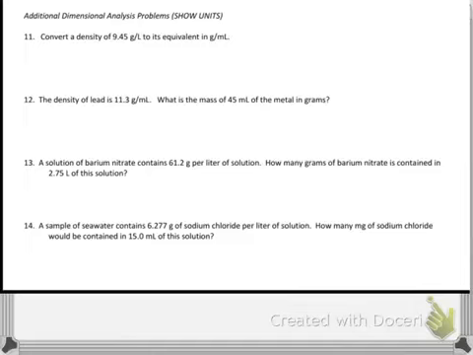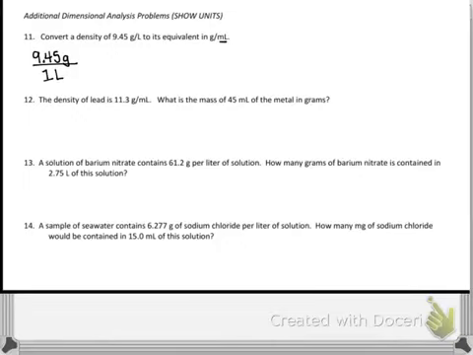So again, we're going to start off with our given, and our given is 9.45 grams. Now, this is over 1 liter. Okay, it's kind of like miles per hour. And so that's our given, and we want to find out milliliters. Okay.